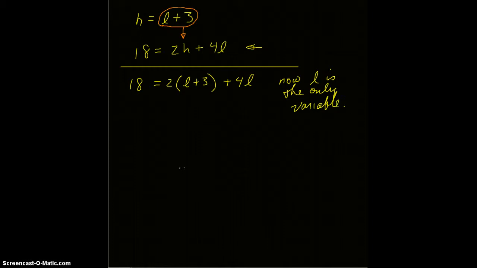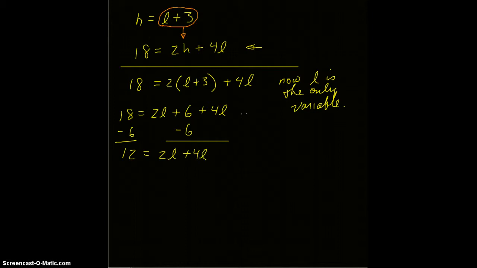So let's do that. The first thing I need to do is get everything into terms. So this is 18 is equal to, I'll distribute the 2. 2 times L is 2L. 2 times 3 is plus 6, plus 4L. I'm going to subtract 6 from both sides, and I get 12 is equal to 2L plus 4L, because clearly plus 6 and minus 6 add up to 0. And what is 2L plus 4L?